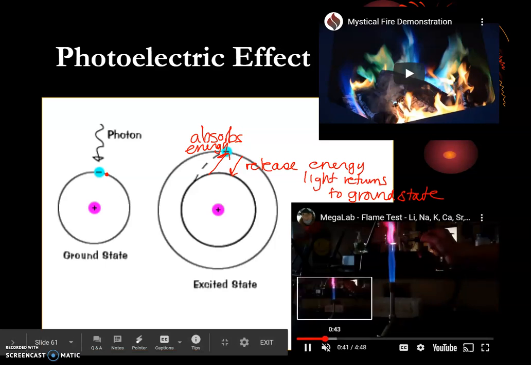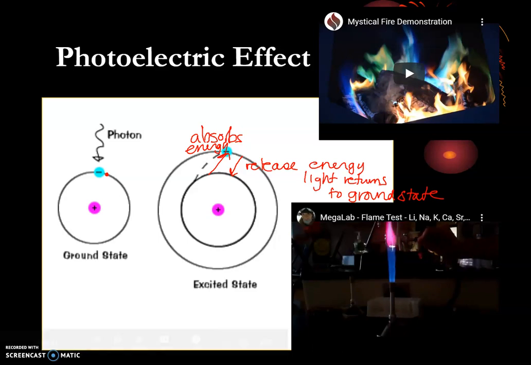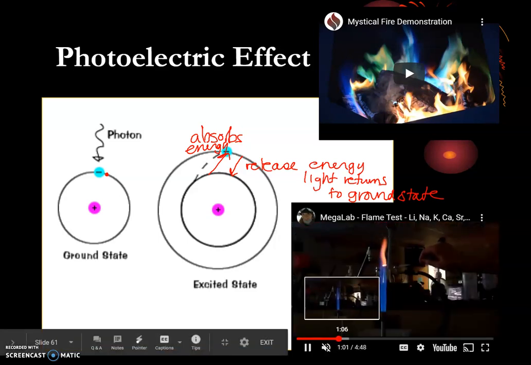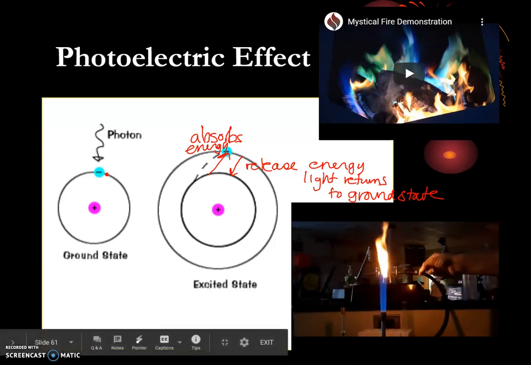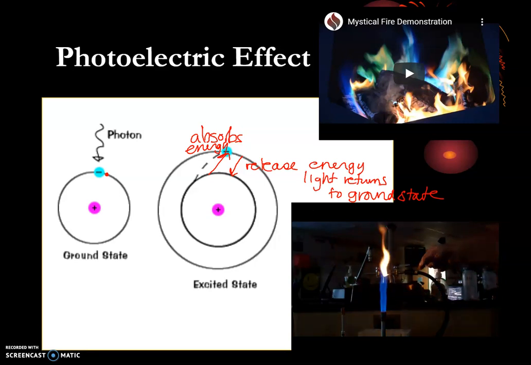Here we are cleaning our flame, and then we put in sodium and see that it is a yellow flame. And as this buffers a little bit, it goes through and shows you all of those beautiful colors.